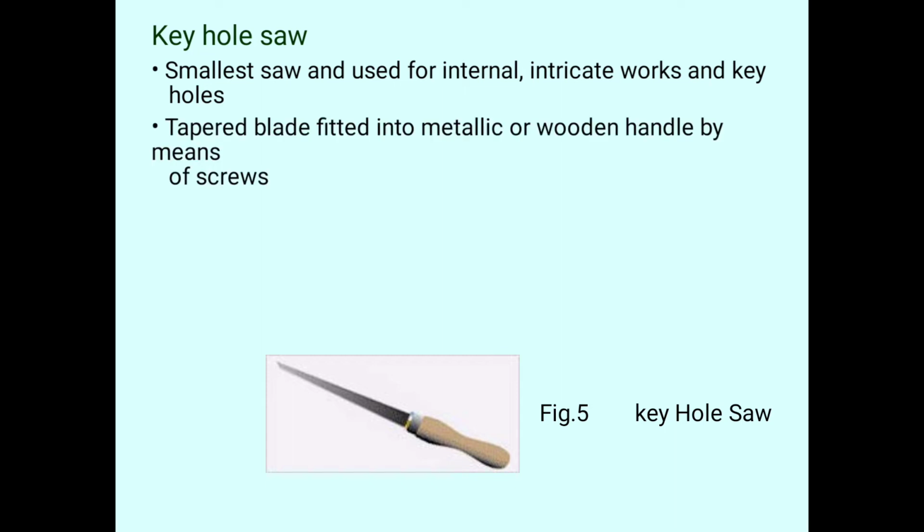Okay, next, the tapered blade. How will the blade be? A tapered blade, which is fitted into the metallic or wooden handle. The handle may be either metallic or wooden.